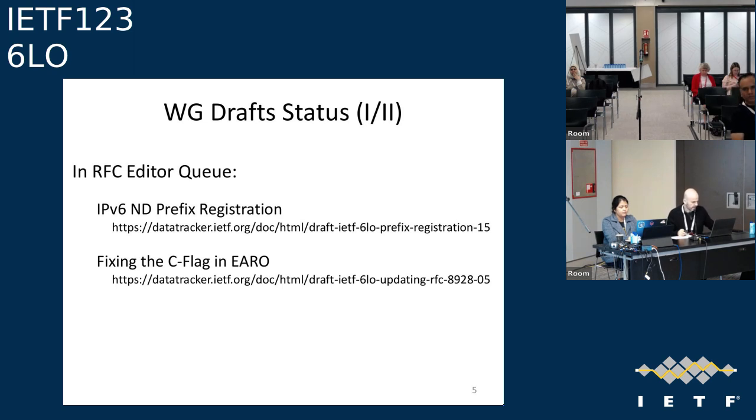You may recall that around the last meeting in Bangkok, Adnan detected a conflict, which is that there were two different RFCs, 8928 and 9685, which were defining two different fields for the EARO format, which were using one bit for two different reasons. So there was a conflict here. And after some discussion, the conclusion was that the solution for this would be to create a new draft, a very short document, which would fix the position of the so-called C flag, which is defined in 8928, to address the problem.